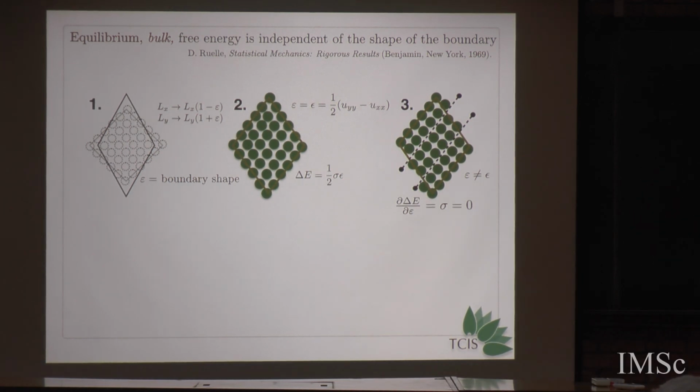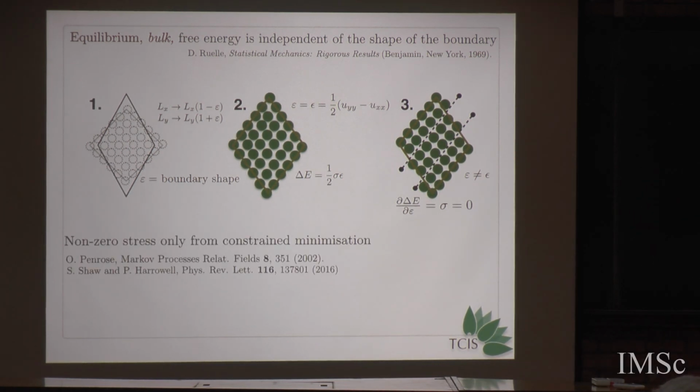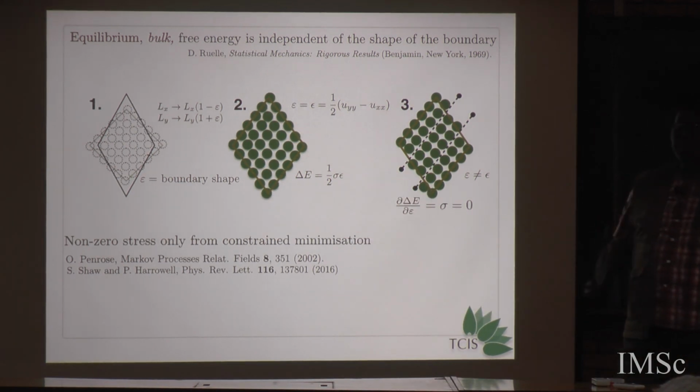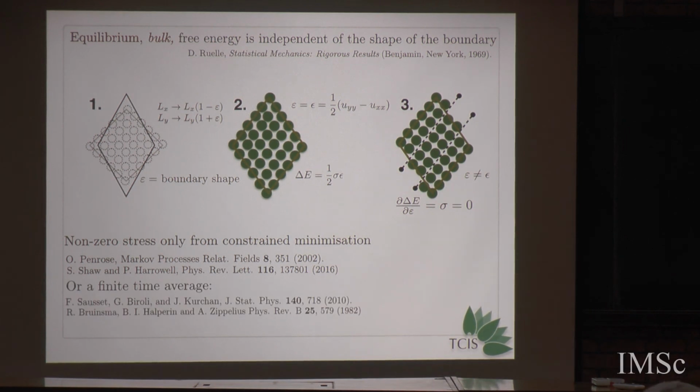So you can get a rigid solid only if you somehow constrain your minimization, or if you look at a smaller time. As soon as you do an unconstrained minimization, you will always end up with a non-rigid solid.